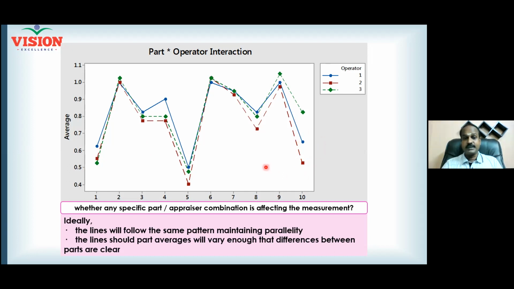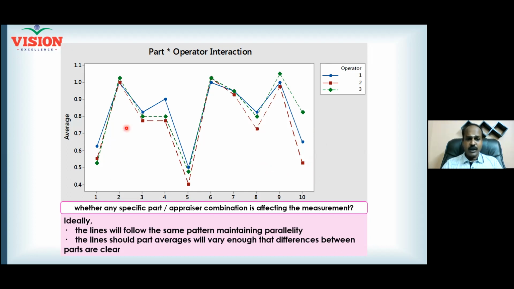And now one more thing we are going to understand. The average of part number 1 by operator 1, and similarly the average of part number 2 by operator 1. Operator 1 is blue color here. For part number 2 also it is blue color here. Similarly for part number 3, the average is indicated in blue color here.